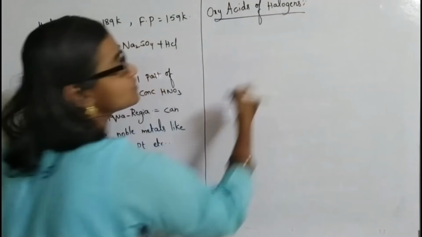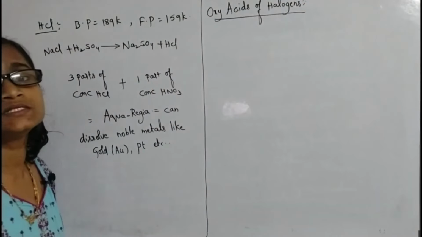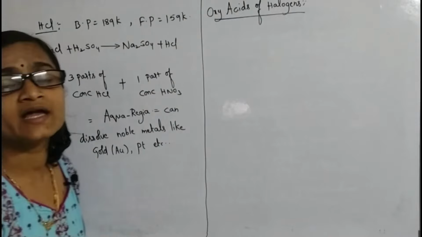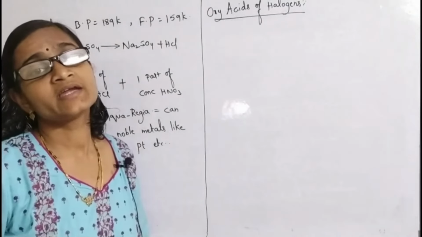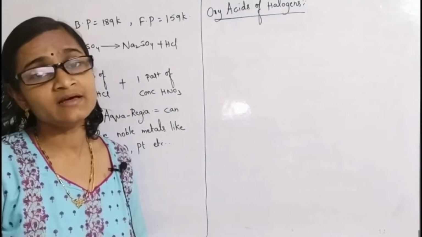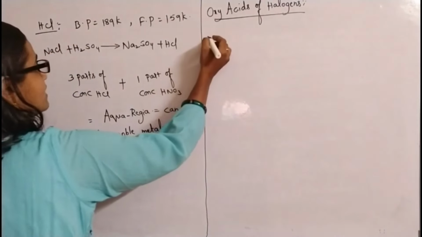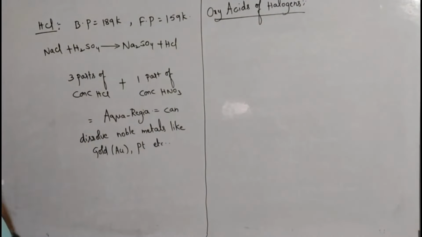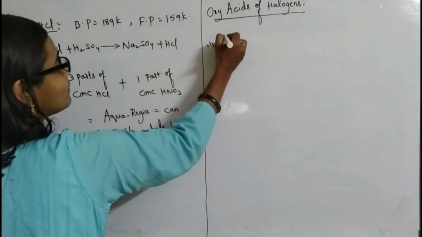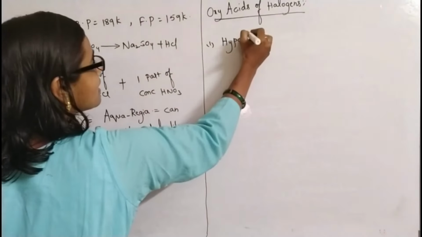Oxyacids of halogens means that when halogens react, you will find certain oxyacids of halogens, in different categories. First we will write about hypohalous acids.